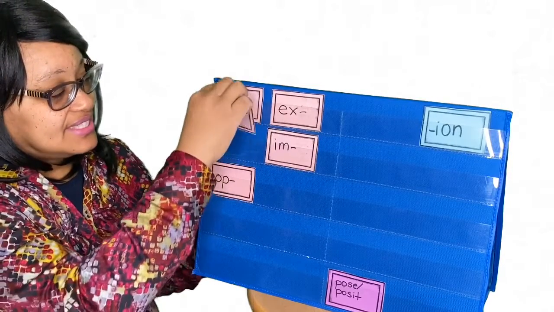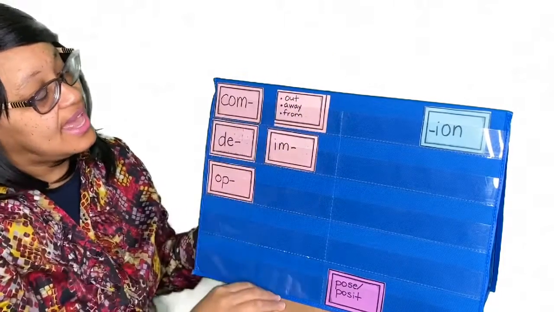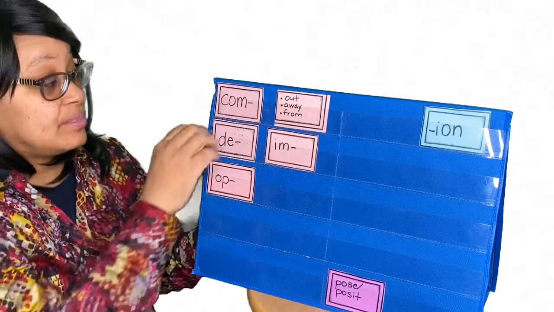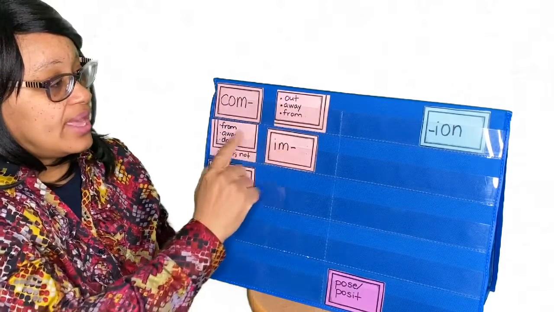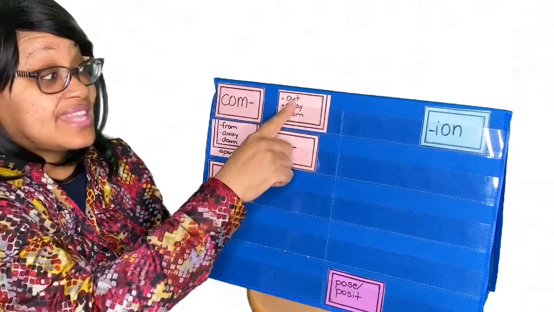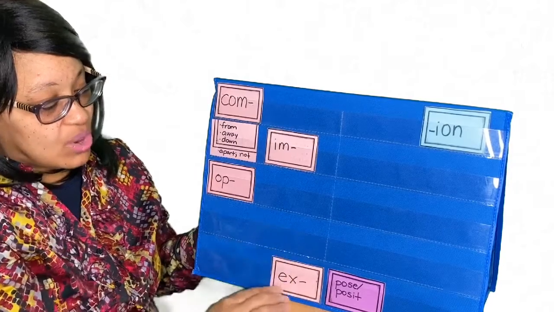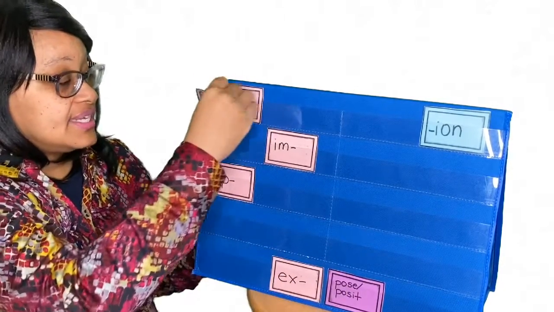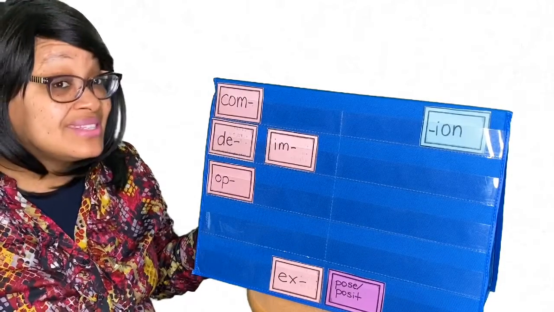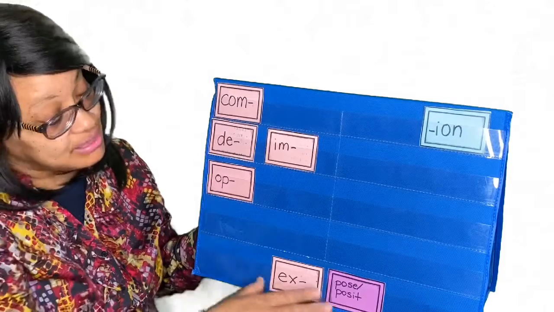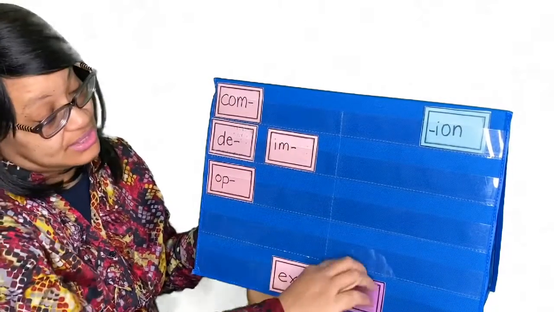So it's not D, posit. Let's see, ex. Ex means out, away, or from. Oh, it's kind of related to the D because look, from, away. But this one is out, to put it out. So if you're putting it out, then you are exposing it. Expose. So to place something where it can be seen, to put in an unprotected situation, means to expose it, to put it out.